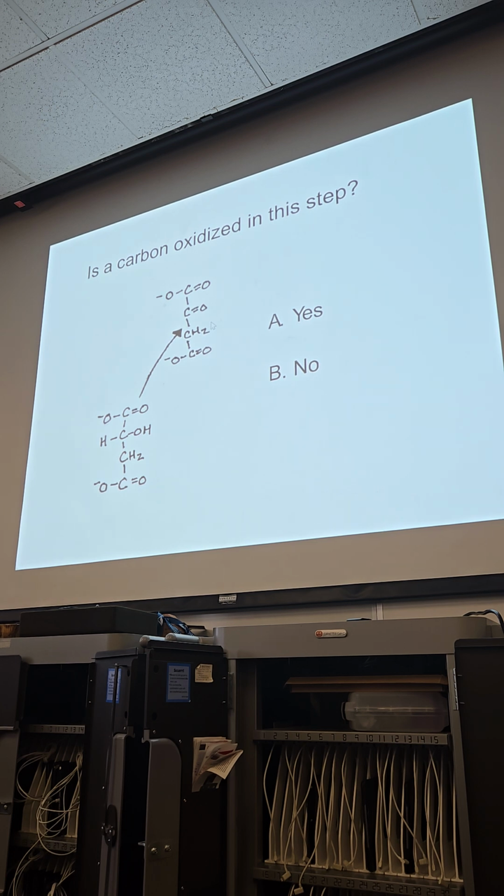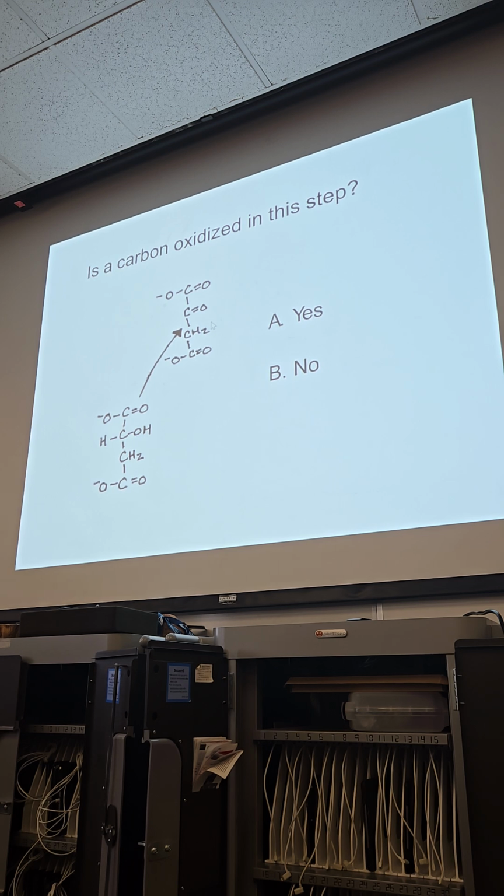My OChem people, yes or no? Yes. Isn't it adding a hydrogen? The oxygen is losing electrons. Added a hydrogen. Oh yeah. There we go. Where did we add the hydrogen?